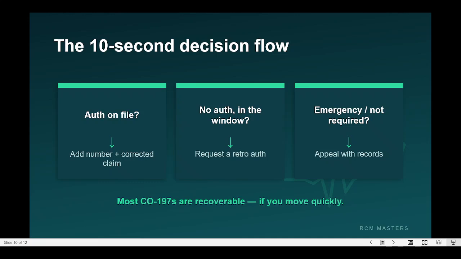Request a retroactive prior authorization. Was it an emergency or a service that did not need an authorization at all? Appeal with records. Most CO-197s are recoverable if you move quickly.